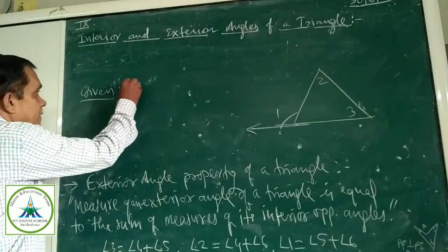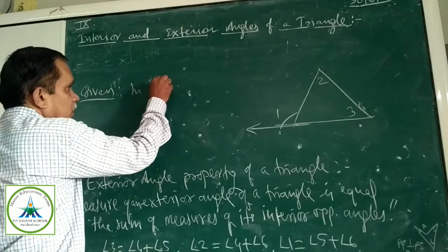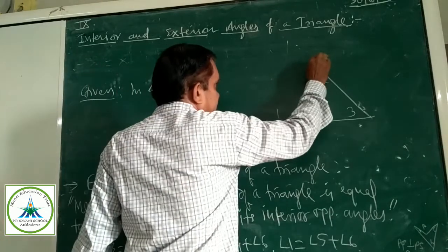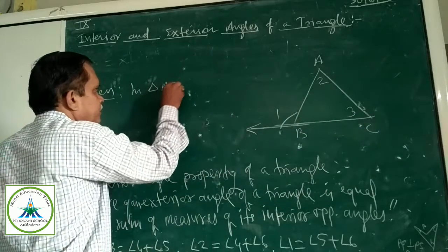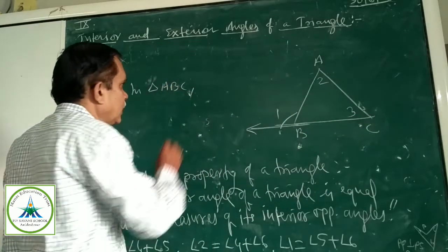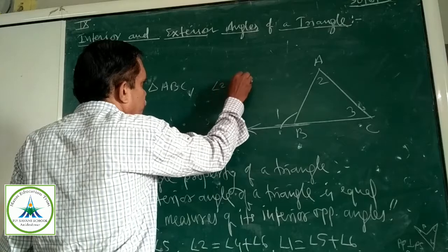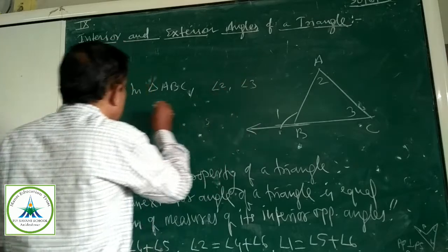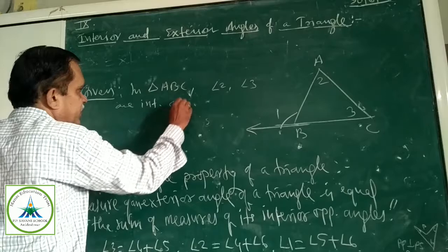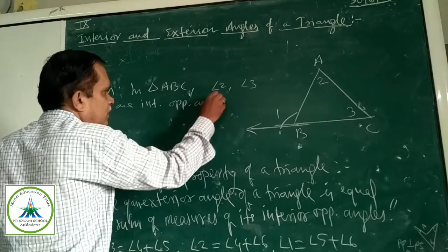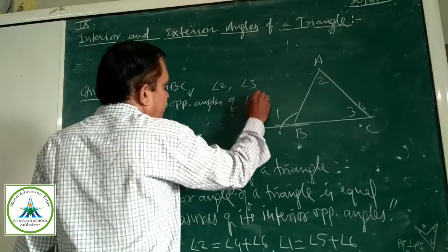What is given in the triangle? Let us name it ABC. Angle 2, angle 3 are interior opposite angles of angle 1.